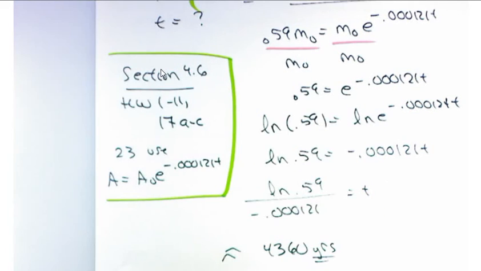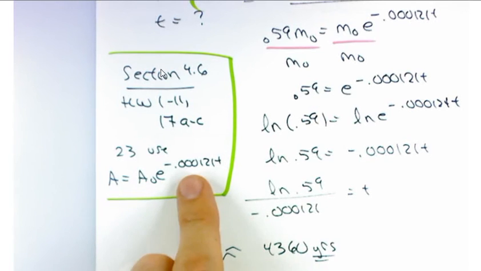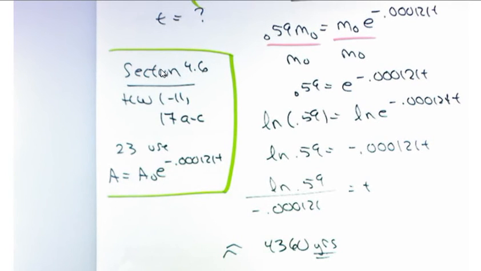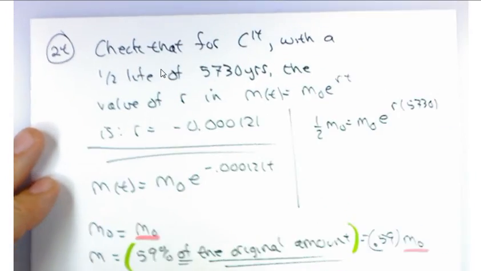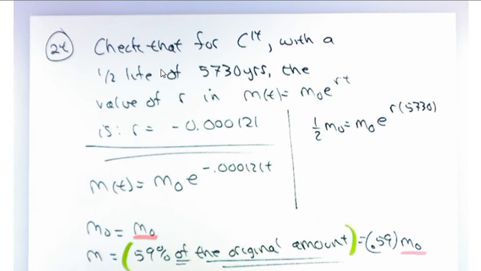Now, what I probably wouldn't do, because it becomes too long of a problem, is make you do both things. Problem 24 asked you to do both things. It just told you that the half-life was 5,730. From there, you need to figure out what r is by solving here. That gives you this equation. Then you need to solve another equation.